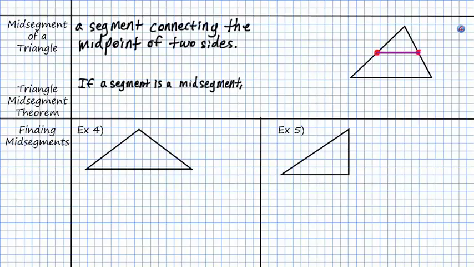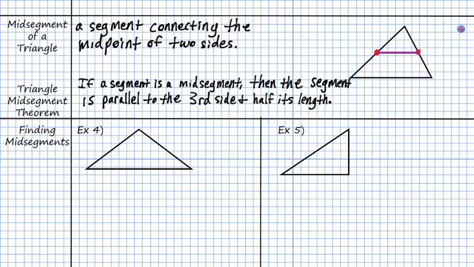And using the midsegment, we can actually state a theorem, and that is if a segment is a midsegment, then the segment is parallel to the third side and half its length.